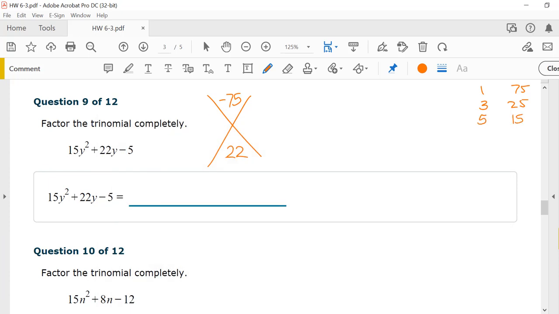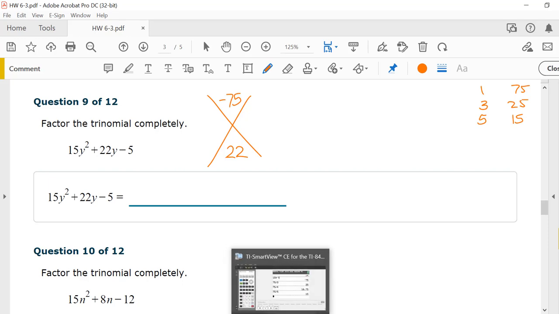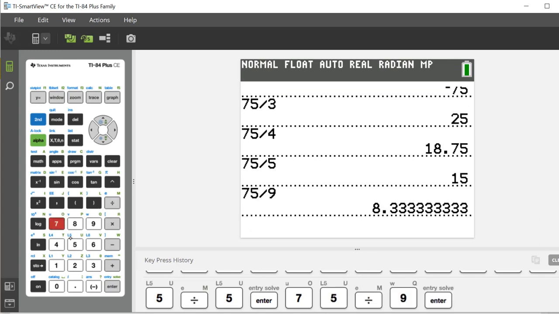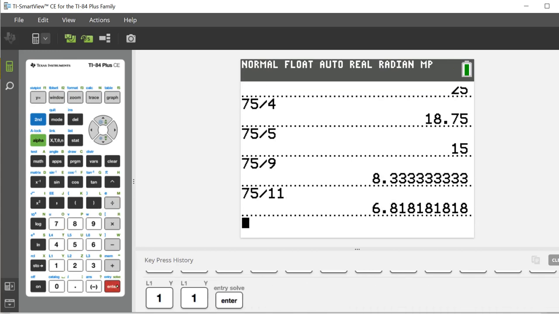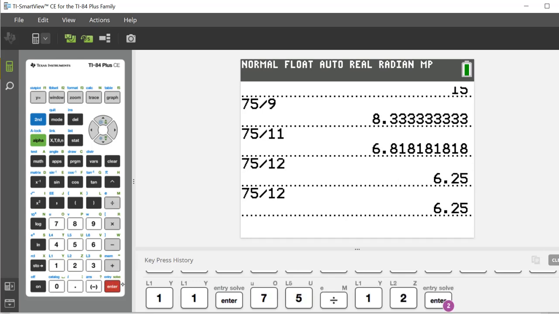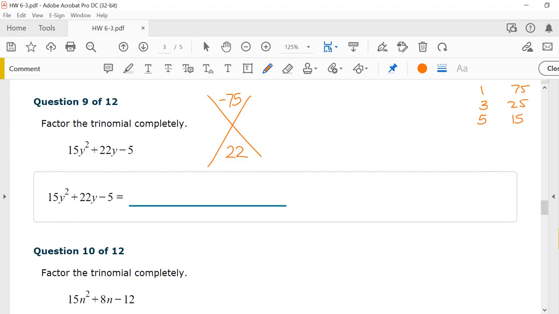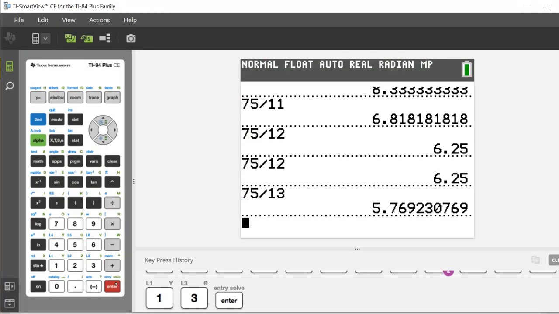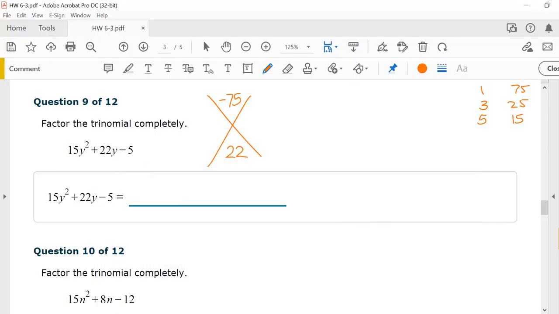How about 6? 6 won't. 7 won't. 8 won't. 9? No. 11? No. 12? No. Let's see. How about 13? No. That's it. Those are the only factors.